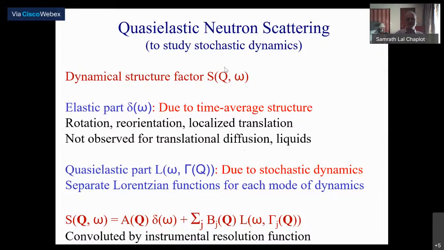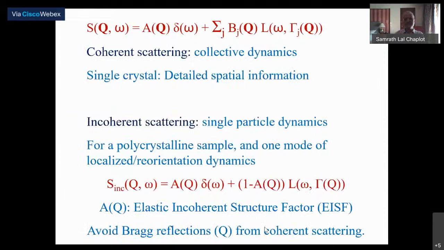However, in all cases of the stochastic dynamics, you have the quasi-elastic part, which could be in the form of Lorentzian functions, if the stochastic dynamics is a simple exponential decay correlation function. So in general, the scattering law or the dynamical structure factor has two terms, the elastic part and maybe a sum of various Lorentzian functions.